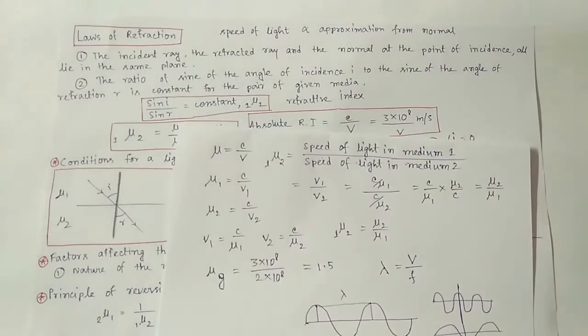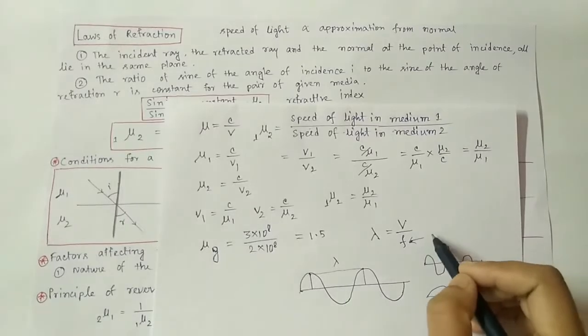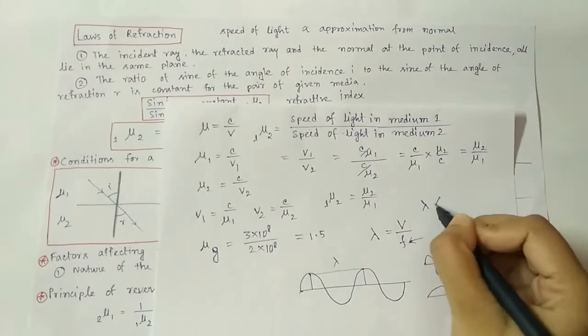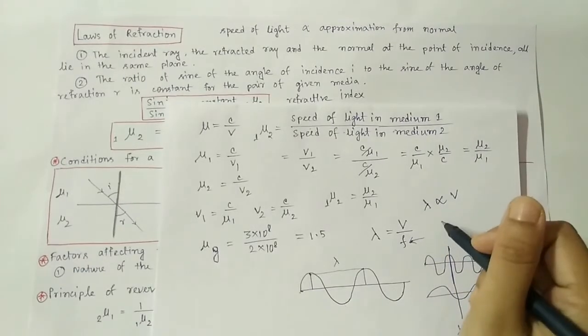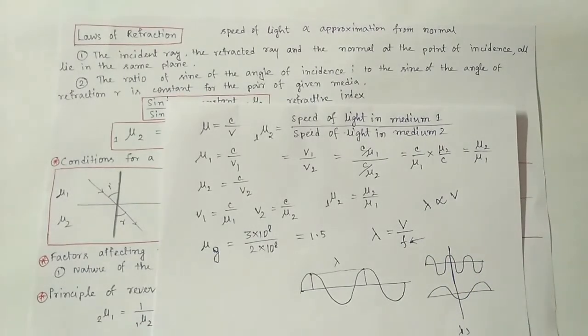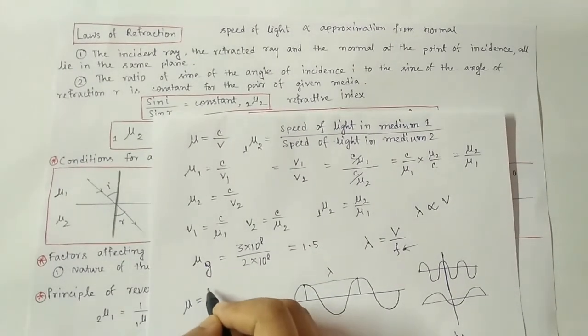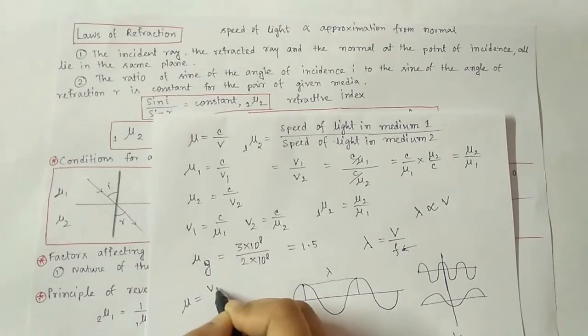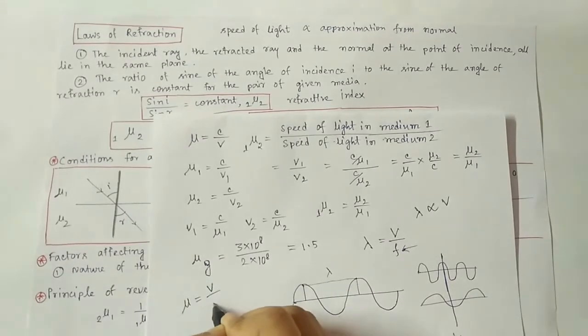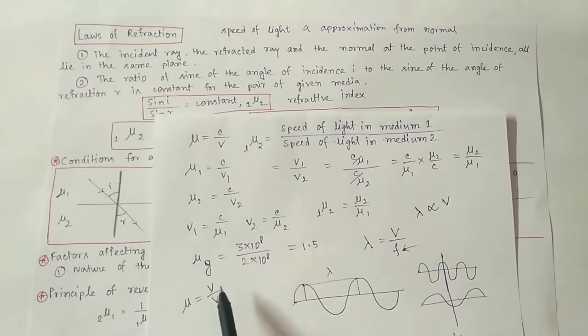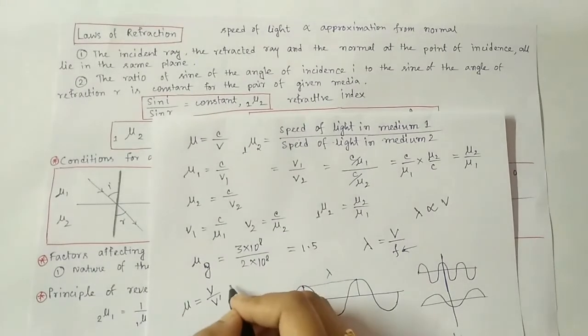So this is the formula. Here frequency is constant. Frequency has no role in the refractive index. So we can say that lambda is proportional to v: the light ray which has greater velocity will have greater wavelength. And now mu is equal to v by v dash, where v is the velocity in the first medium and v dash is the velocity in the second medium.